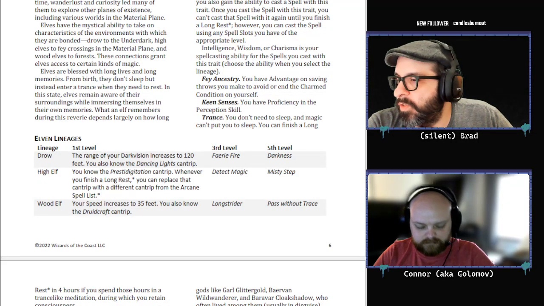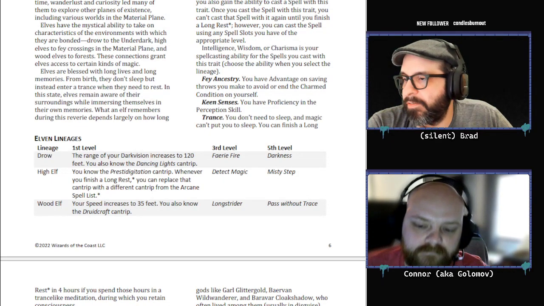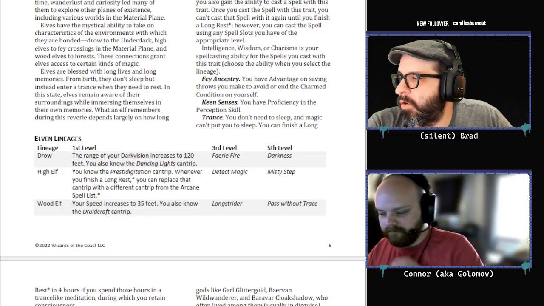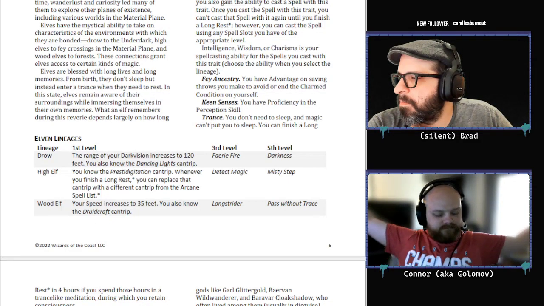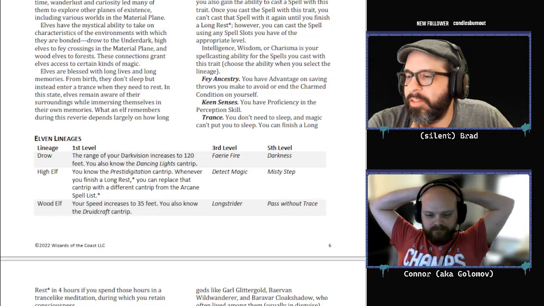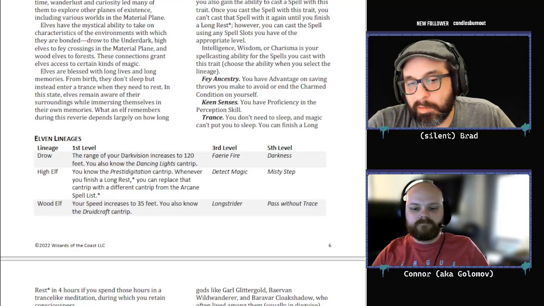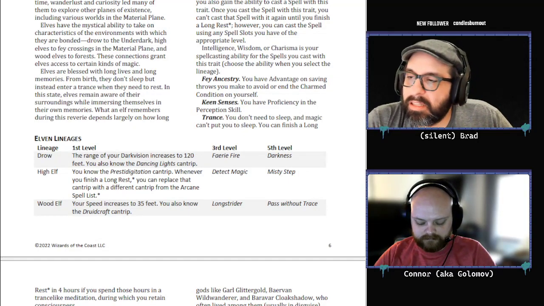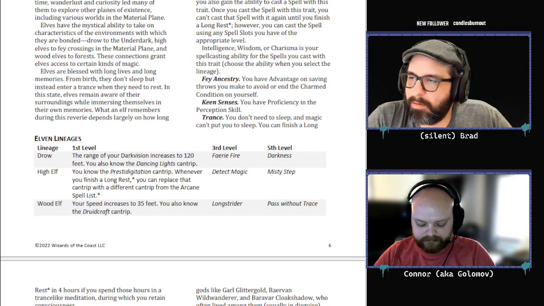Then wood elves, they still get the fleet of foot, 35-foot movement, and now they are replacing elf weapon training and Mask of the Wild with Druidcraft, Longstrider, and Pass Without Trace. So, I mean, it's not as good as the Ardling spells, but they're decent ones.